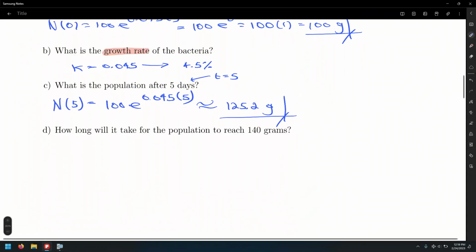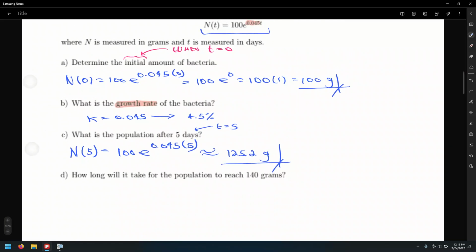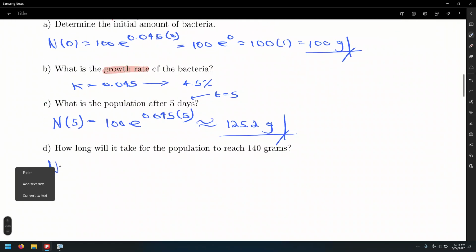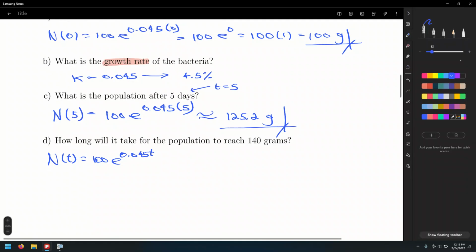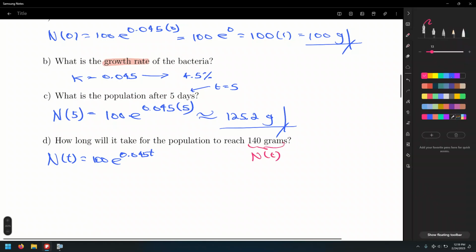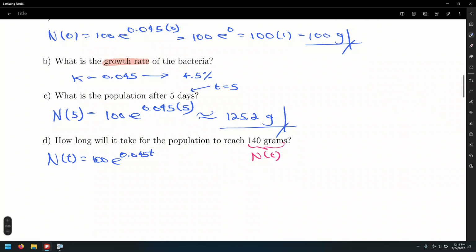Okay, how long will it take for the population to reach 140 grams? In this case, we will replace this N of t. Let me write down the equation. N of t equals 100 e to the 0.045 t, and have this quantity replace N of t, because that big N represents the amount of bacteria, in this case in grams.